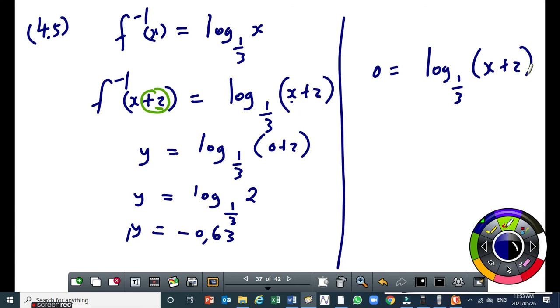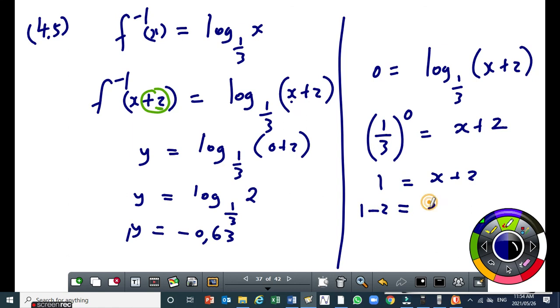You are just applying your knowledge of converting the logarithmic form to the exponential. So this 0 here is going to be our exponent, 1 over 3 is going to be our base, so we end up having 1 over 3 to the power of 0 is equal to x plus what? Plus 2. This gives us 1. We end up having a grade 8 equation. Take the 2 to the left, we get 1. And then we get x equal to minus 1.